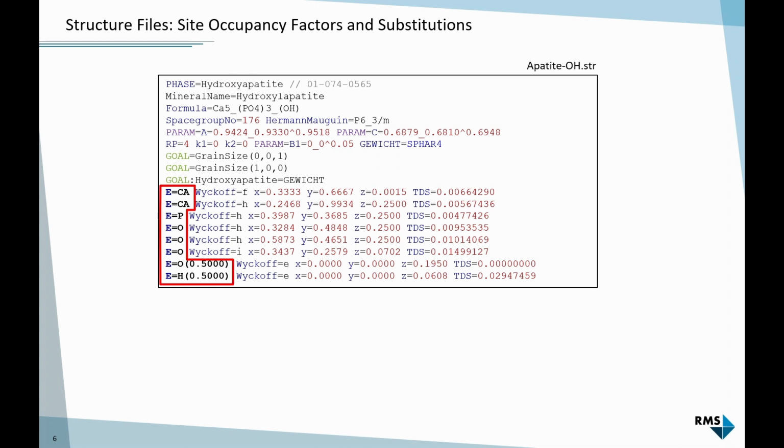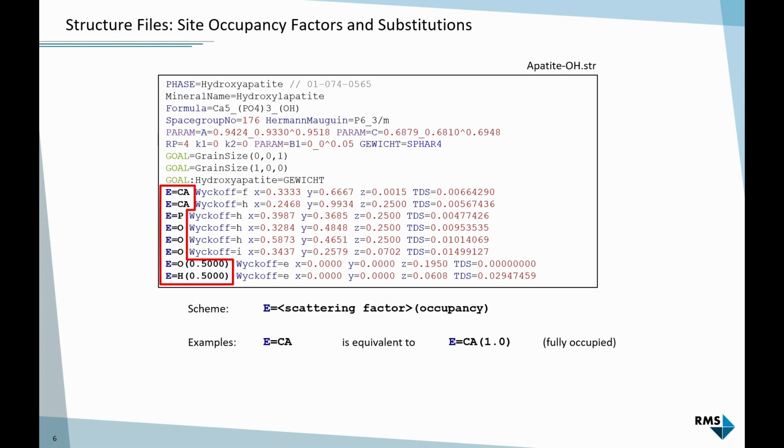If we focus on the declaration of the scattering factors, the elements we assign to the atomic positions, we can see that most of them are not followed by a number in parentheses, but the last two, the OH group, is followed by 0.5. And the scheme we are using here is we assign a scattering factor, and in parentheses we add the site occupancy. If it's missing, it means it's fully occupied.